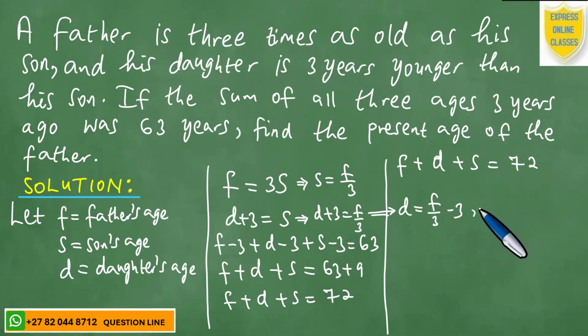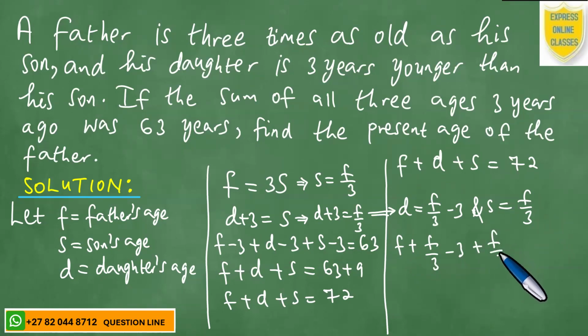Plugging in everything in the place of these unknowns, we have D, which is F over 3 minus 3. S is F over 3.